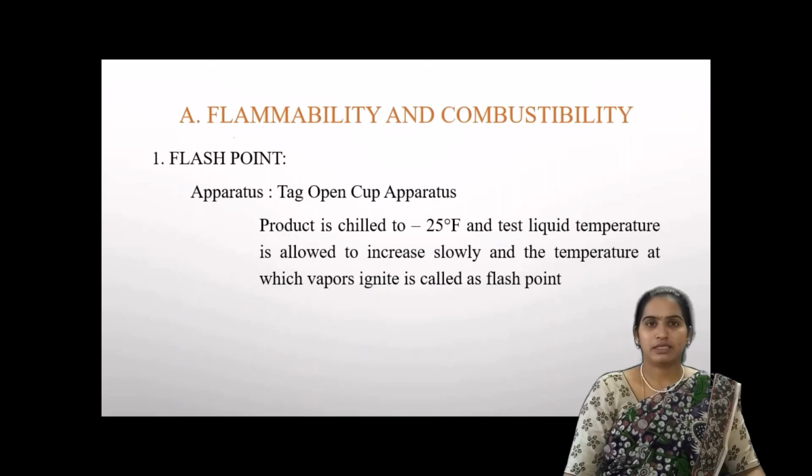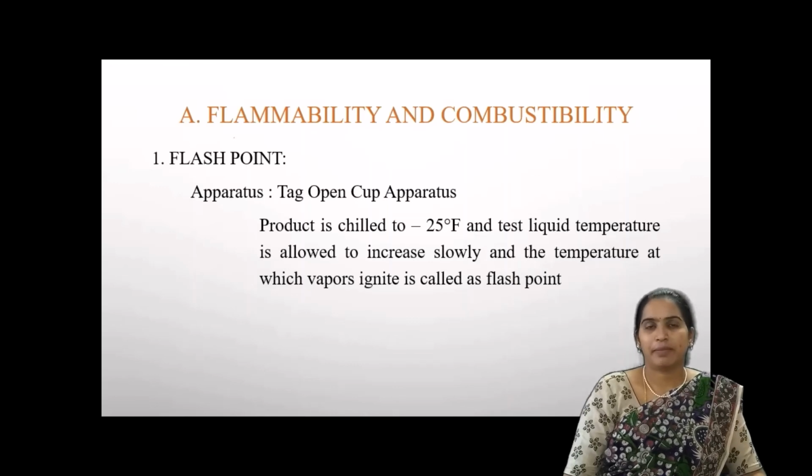Flammability and combustibility. Flash point. So to determine the flash point, the apparatus used is the Tag open cup apparatus. So in this test, the product is first chilled to -25 °F and then it is filled into the apparatus.